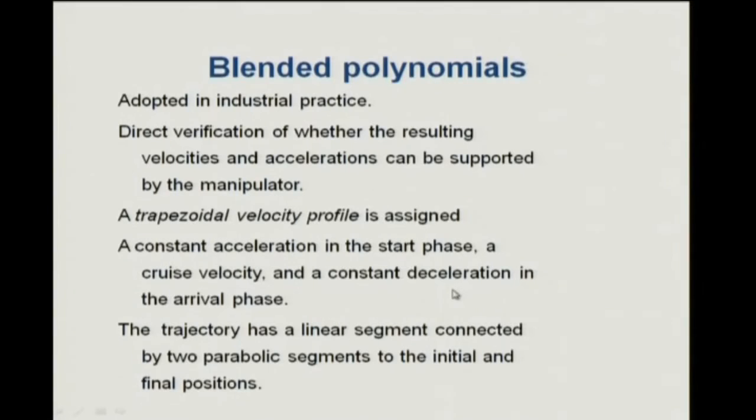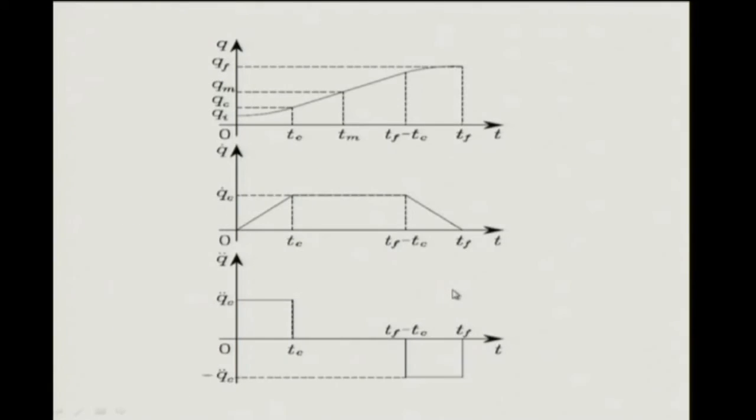So, you can then know immediately whether the trajectory that you are generating is guaranteed to be supportable by the manipulator in most cases. So, what you do is you assign what is called a trapezoidal velocity profile. Let me take a sneak peek at the previous slide first, I will come back to this.